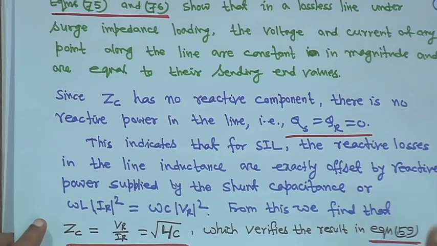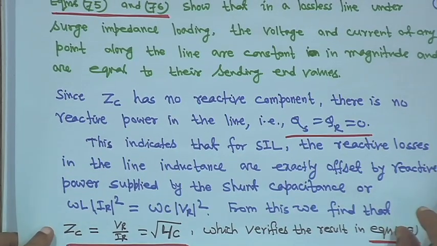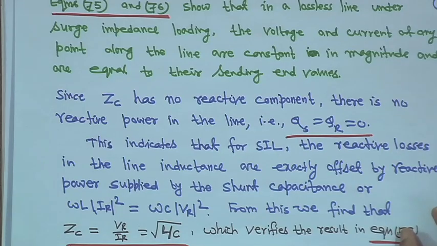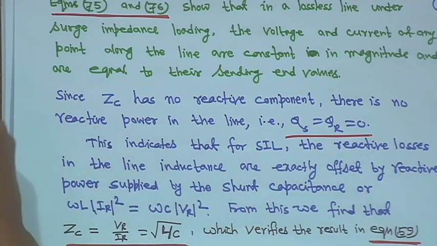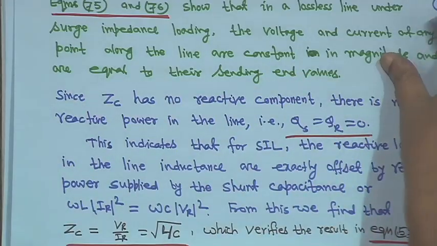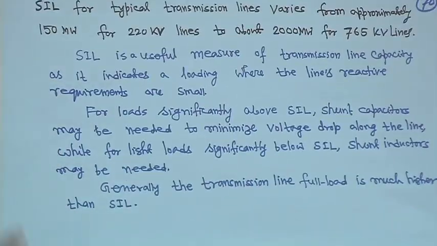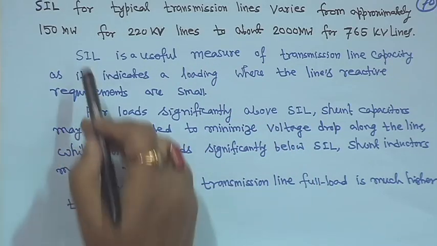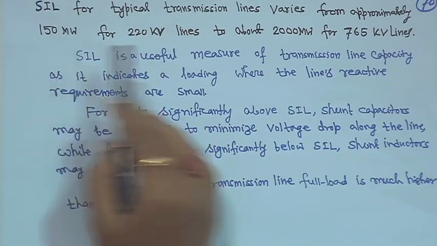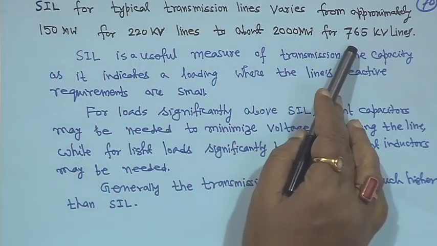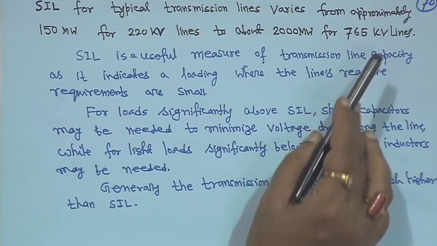So, that means when you have this kind of condition that there is no reactive power in the line, then what does it mean for surge impedance loading? For a typical transmission line, surge impedance loading varies approximately from 150 megawatt for a 220 kV line, these are approximate values, to about 2000 megawatt for 765 kilovolt lines.